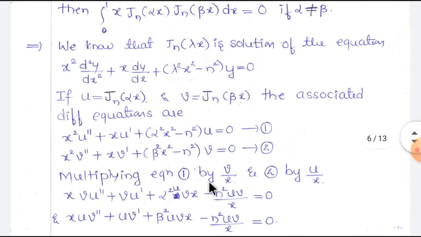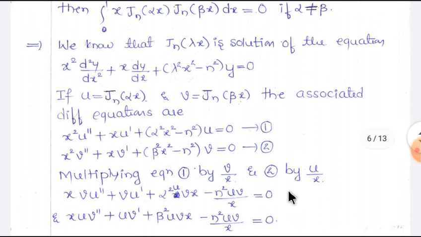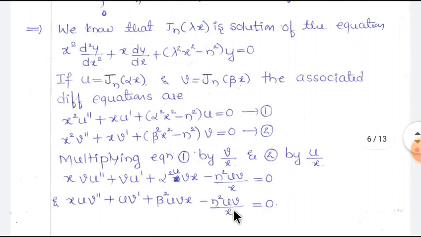Multiplying equation 1 throughout by v/x, we get another equation. In the second equation, multiply throughout by u/x, we get one more equation.